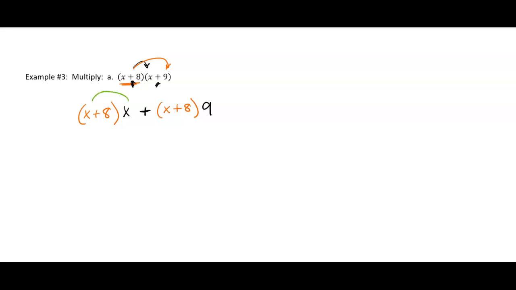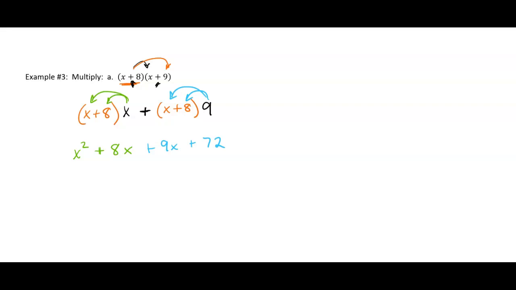We're going to take the x times x, which will be x squared, and then the x times the 8, which is going to be 8x. And then we're going to have the 9 times the x, plus 9x. And the 9 times the 8, which is what, 72? Okay, now something exciting is going to happen. You might see it.